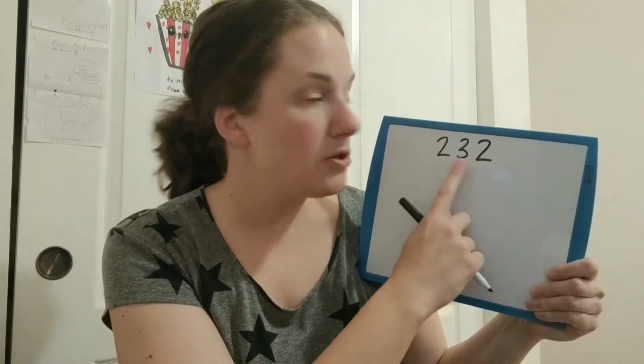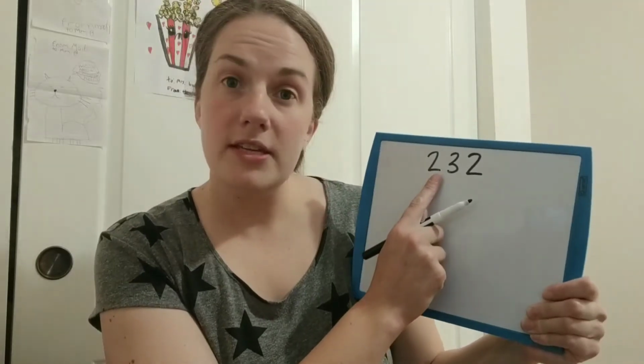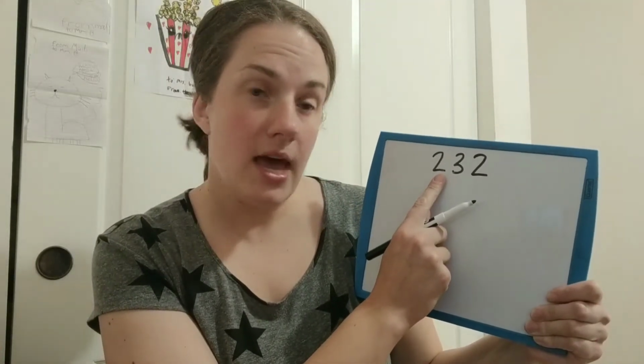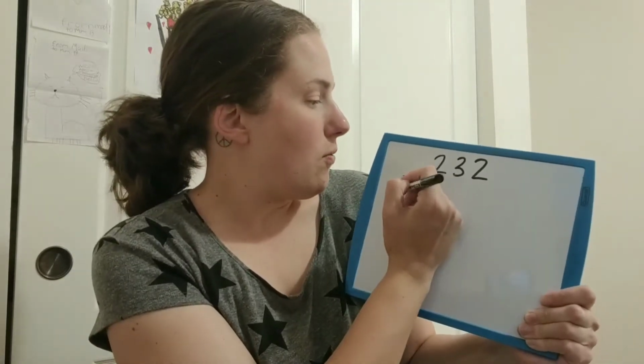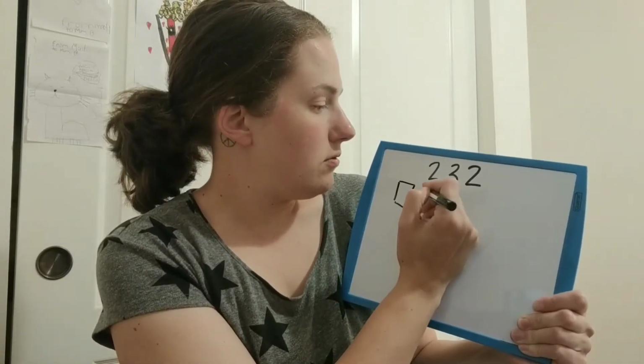So this number, 232, let's think about it a little bit. How could we use our place value model to draw this picture? What do we use to represent the 100s? Oh yeah, we use a square. So to draw this picture, I'm going to look in the hundreds place, and there's 2 hundreds or 200, so I'm going to draw 1, 2, squares.